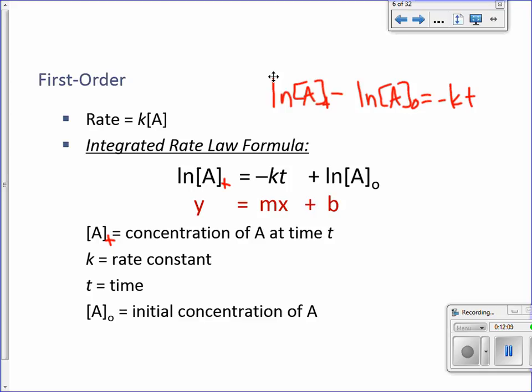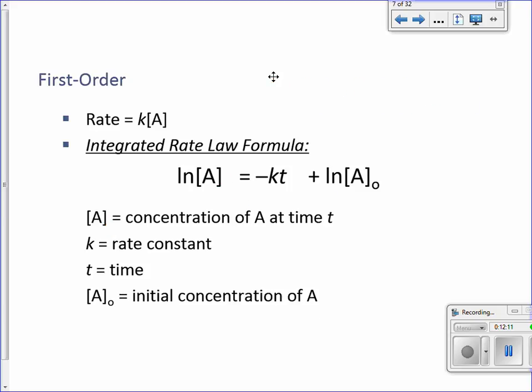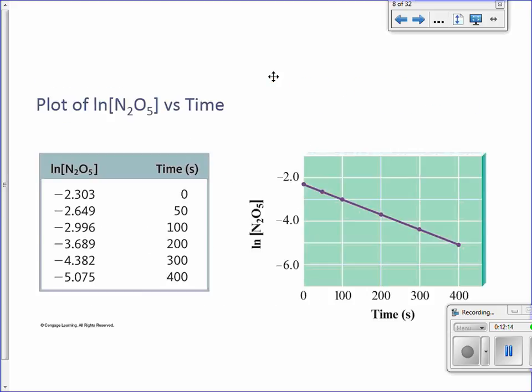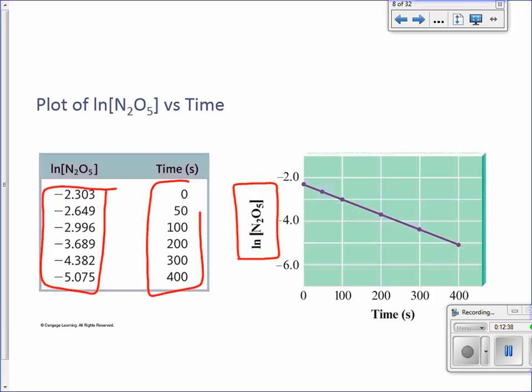All right, so let's look at the graph. Here's the graph. I actually put it in your notes for you so you didn't have to draw it. As you can see, on the y-axis it's the natural log of the concentration for the reaction, and you can see the data listed here. Natural log versus time is going to be here, and you see it is a negative slope.